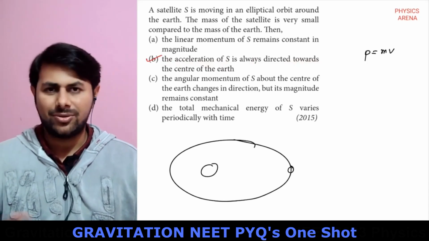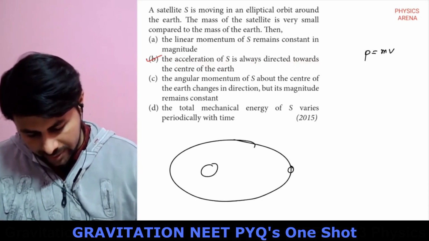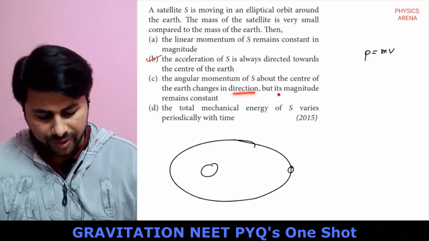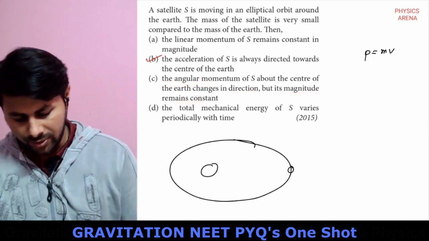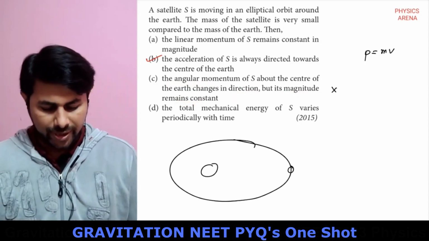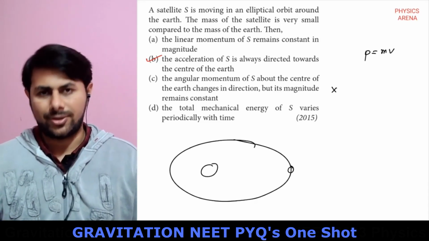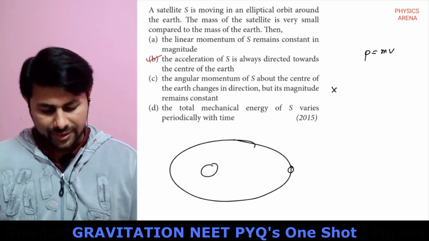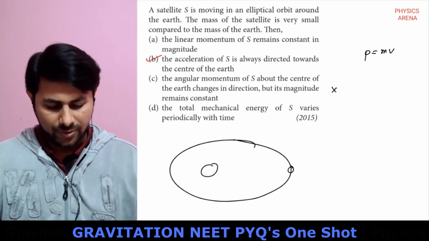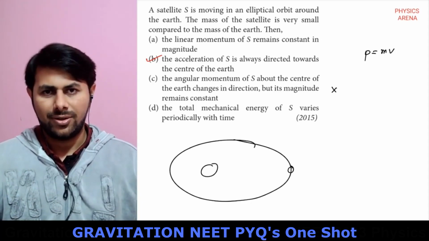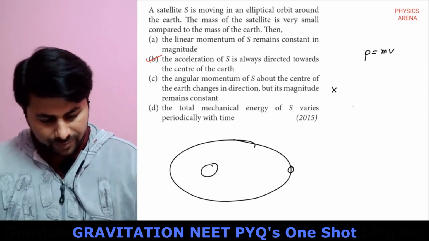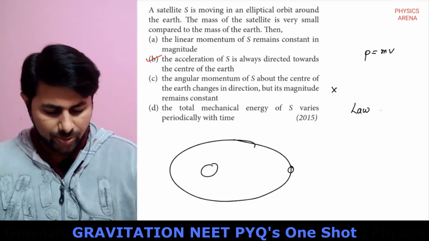But let's check the remaining two. The angular momentum of S about the center of Earth changes in direction, but its magnitude remains constant. This is wrong because the angular momentum will remain constant in magnitude also. We had discussed this when we discussed Kepler's laws. There is the second law, the law of areas, which is actually the law of conservation of angular momentum.